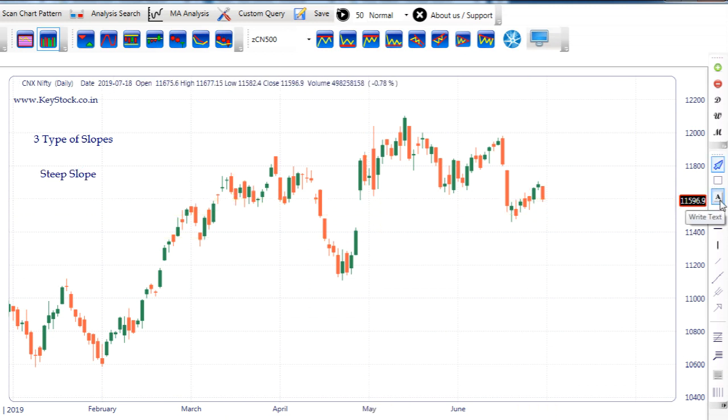The second kind of slope is normal slope. And the last one is flat slope. Flat slope doesn't mean a horizontal line. Okay, we will discuss it later on.